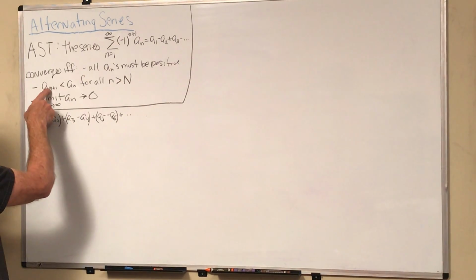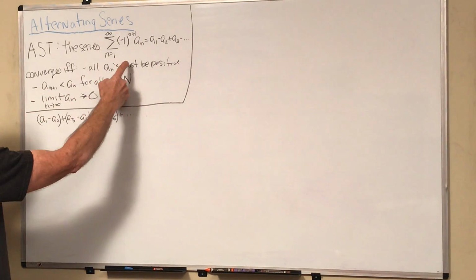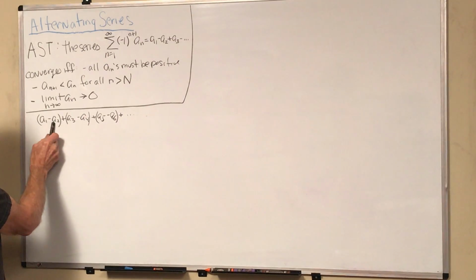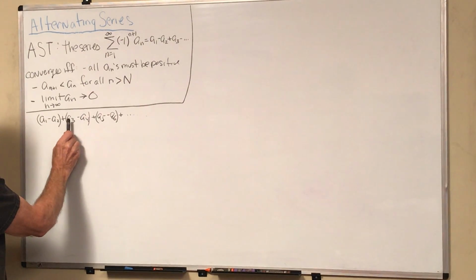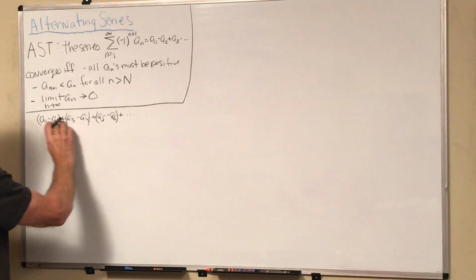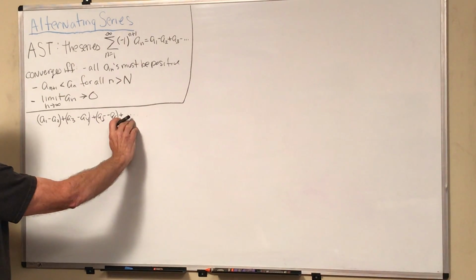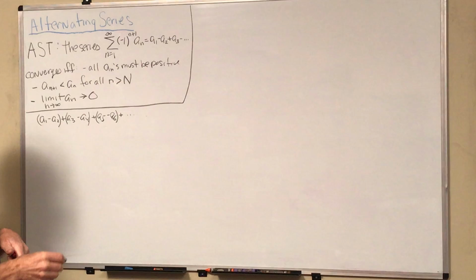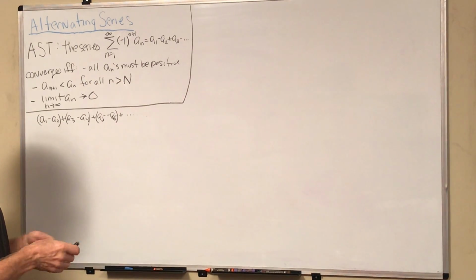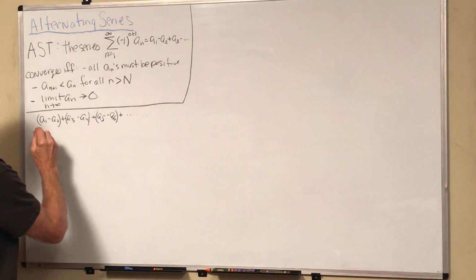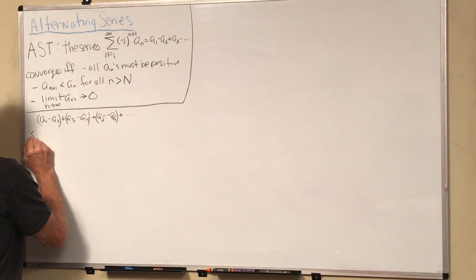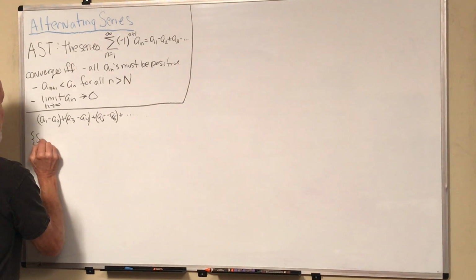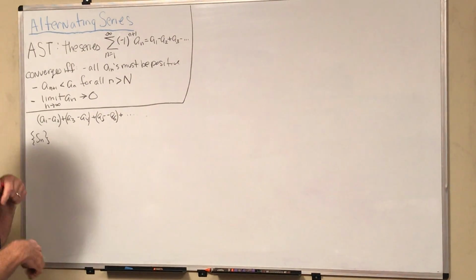Because the terms have to be getting smaller as you go from a1 to a2, a1 minus a2 is going to be positive. a3 minus a4 is going to be positive. So what we have is a bunch of positive terms. So the more terms you have, the bigger the sum is going to get. So that means the sequence of partial sums is going to be an increasing sequence.